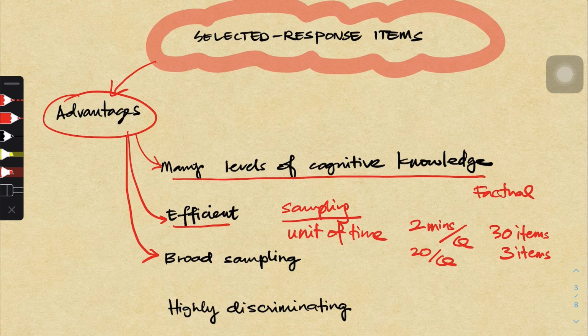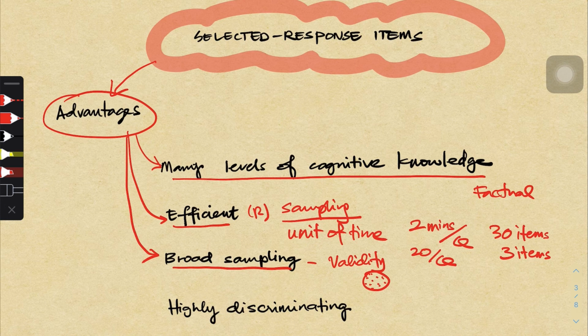So this also relates to the validity. Efficiency relates to reliability, whereas the broad sampling, the areas that you sample, is related to validity, because you can sample more of the content compared to an essay.